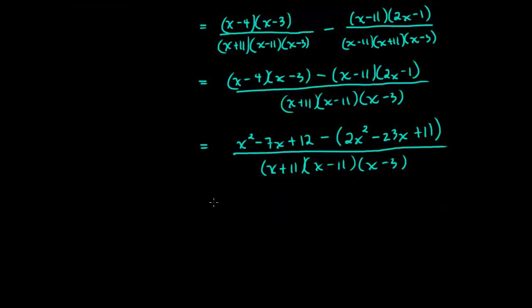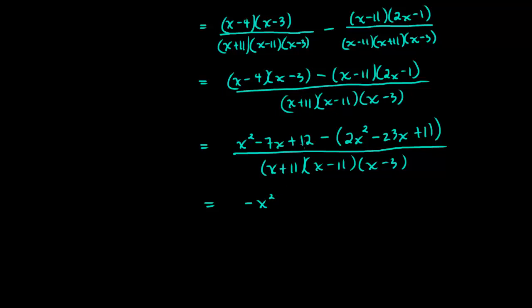Now I can go ahead and use the distributive property to subtract this trinomial. When I distribute the negative into the brackets, it's just going to flip the sign of all the terms. So I can combine some like terms. x² - 2x² gives negative x².